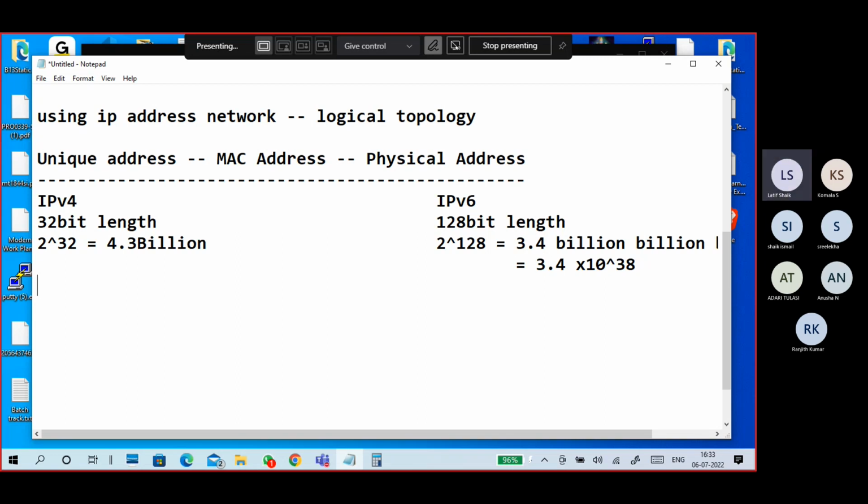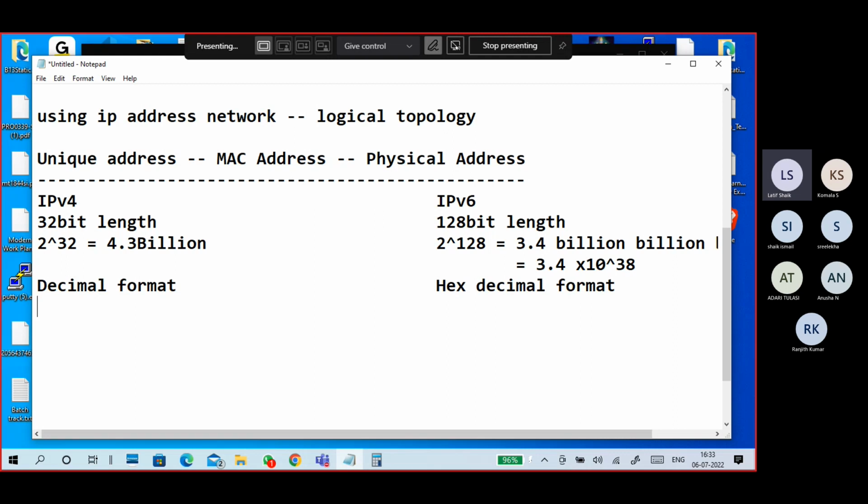Here it is in decimal format. Actually it is binary, but when we write an IPv4 address, we write it in decimal numbers. For IPv6, we use hexadecimal numbers. Of course, we can tell some more extra things.